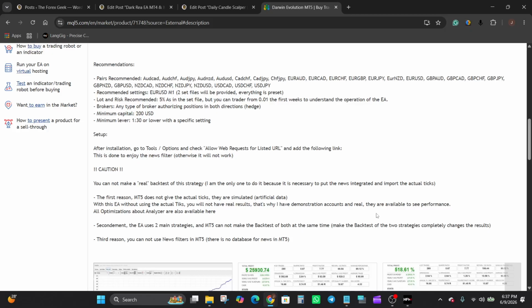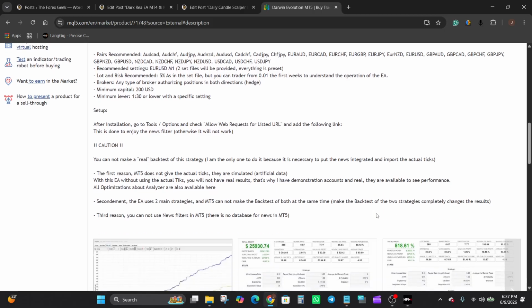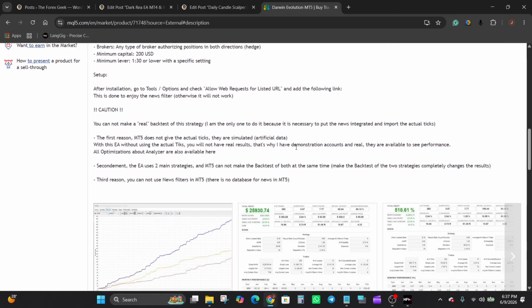Instead of relying on traditional backtests, they reference live signals and real account performance links, which are meant to give a more realistic view of how the EA behaves in actual market conditions. So when reviewing performance here, I'm mainly looking at historical behavior from the demo environment rather than simulated testing.